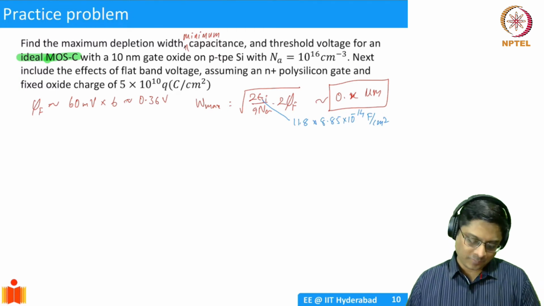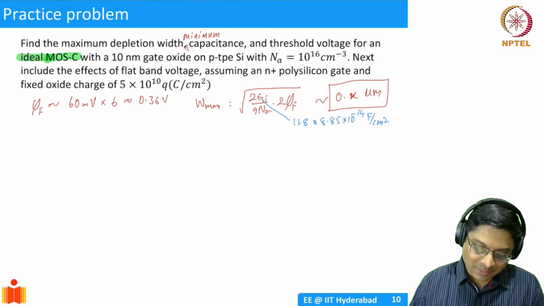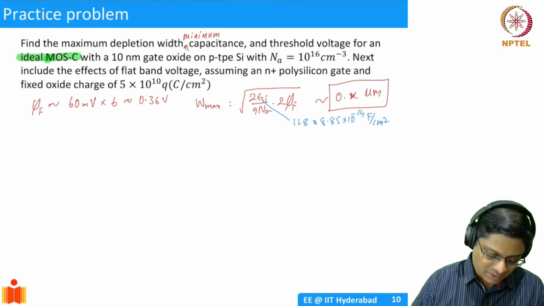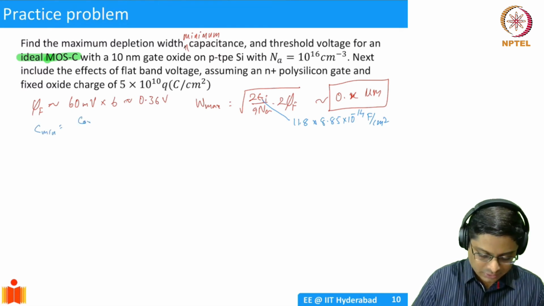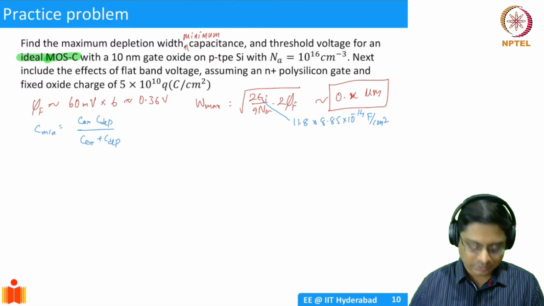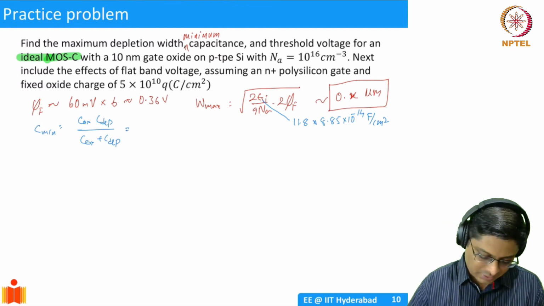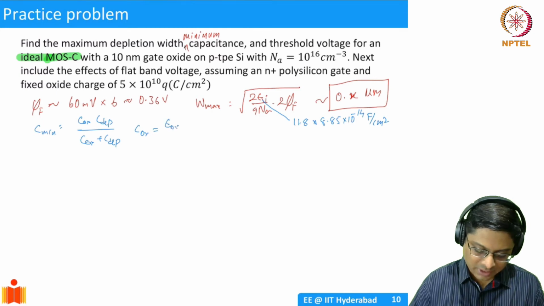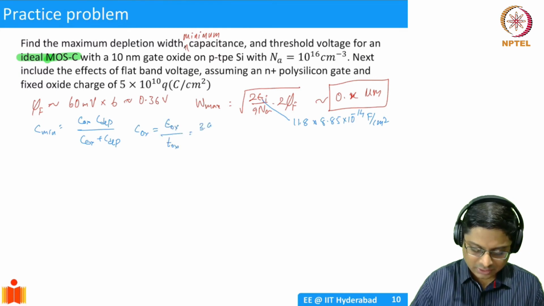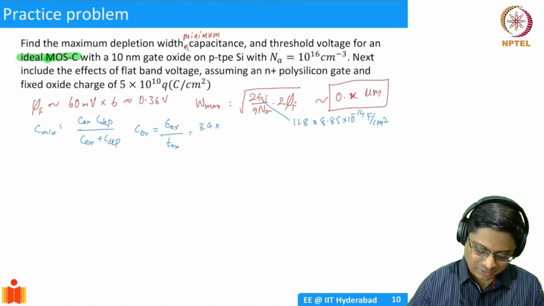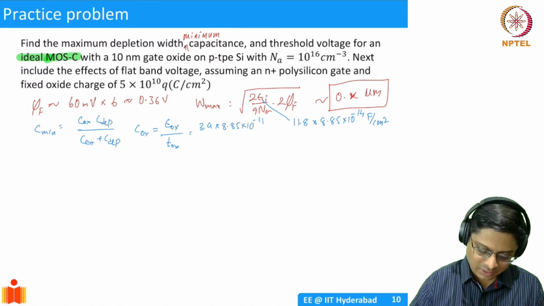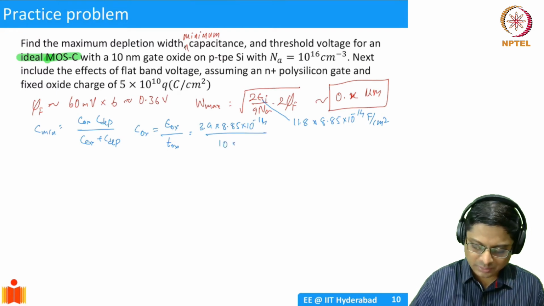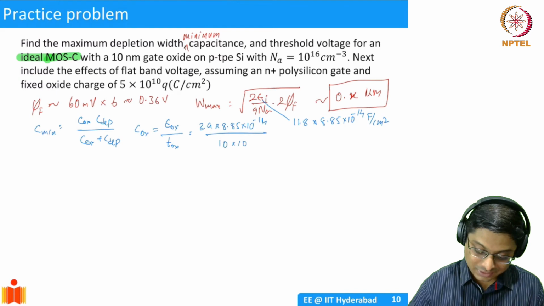So what is the minimum capacitance? To calculate the minimum capacitance, C min is going to be C ox, C depletion divided by C ox plus C depletion, right? So I need C ox. How will I get C ox? C ox is simply going to be epsilon oxide divided by T oxide, that is 3.9 into 8.85 into 10 power minus 14 divided by thickness of 10 nanometers, which is 10 power minus 7.